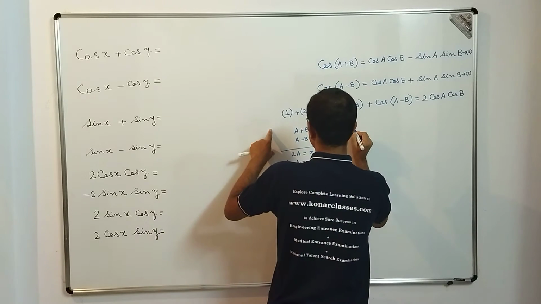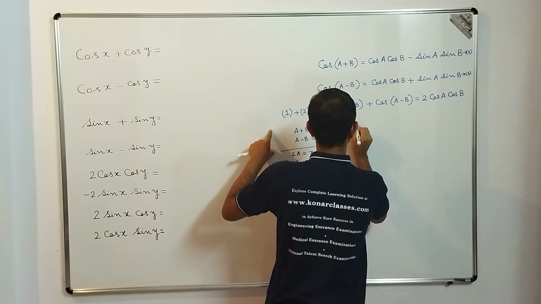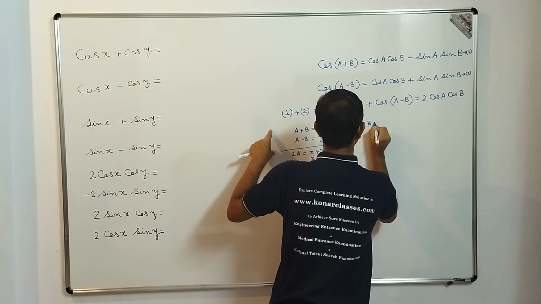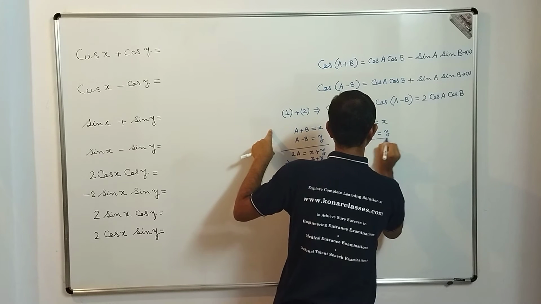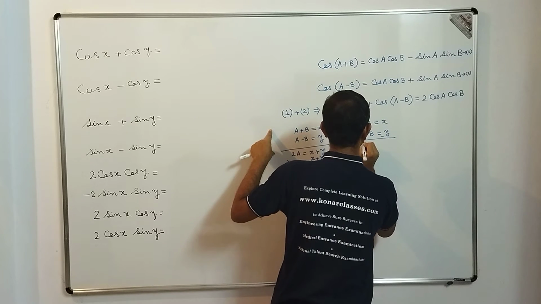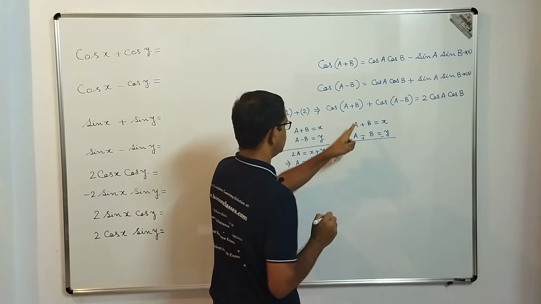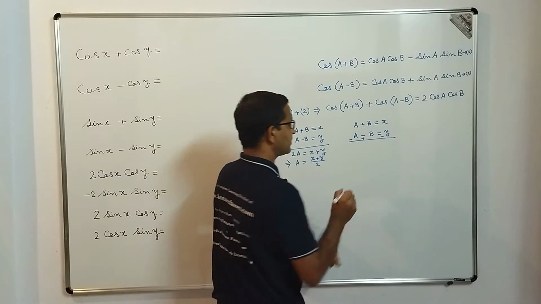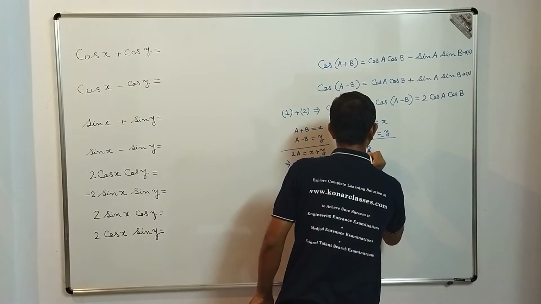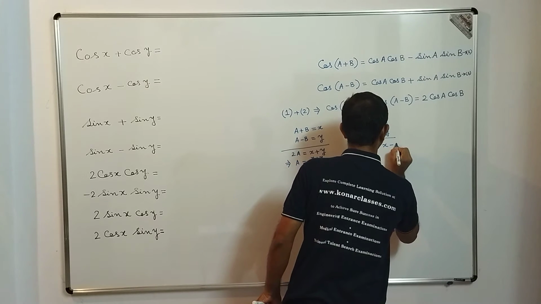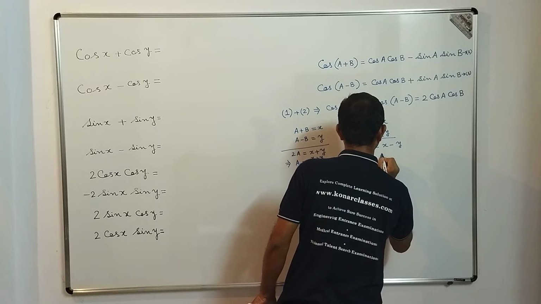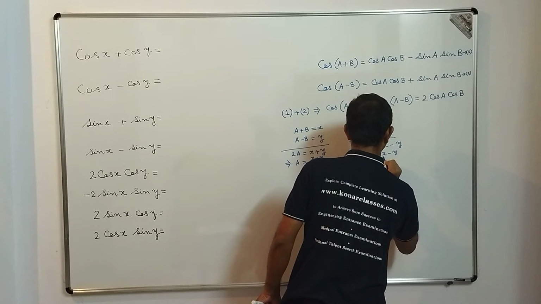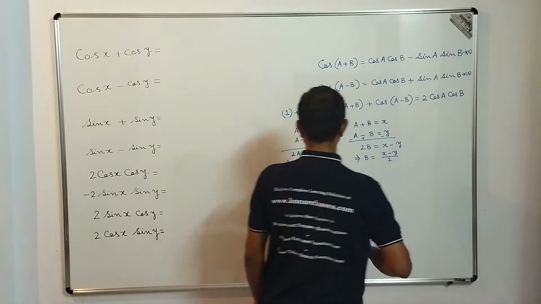Now let me write it here for subtraction. A plus B is equal to x and A minus B is equal to y. And we are going to subtract. So what we are going to get? 2B is equal to x minus y. That implies B is equal to x minus y divided by 2.